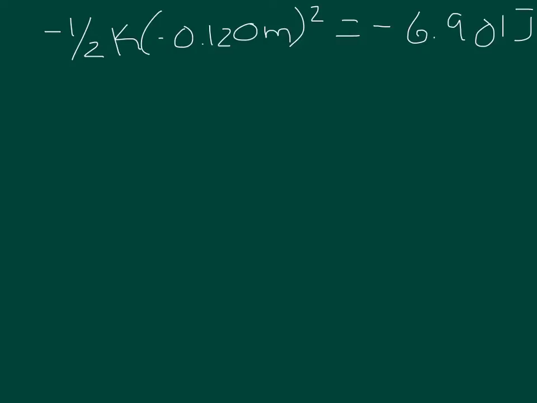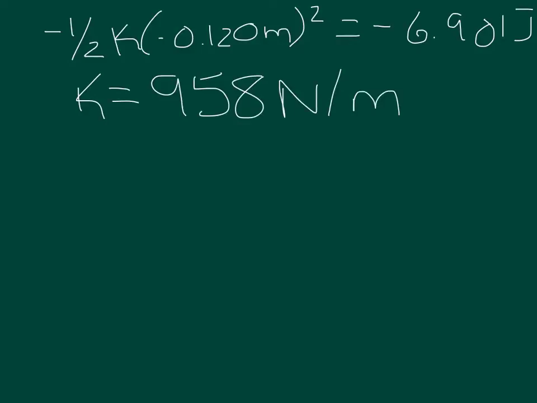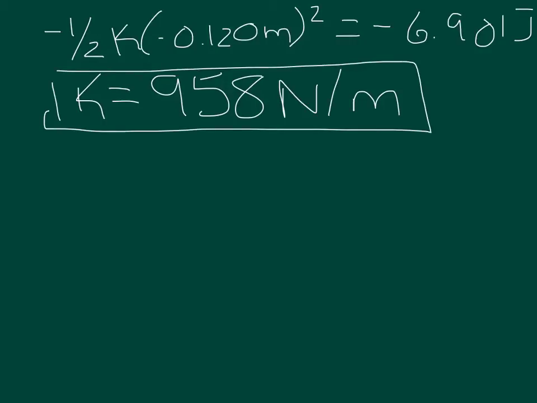Ultimately, if I do my math here, we should get our spring constant, k, to be equal to 958 Newton per meter. So we have found our spring constant based on the change in mechanical energy for an isolated system, which would be 0. Okay, there's another part to this question, so let's go back and look at that question.